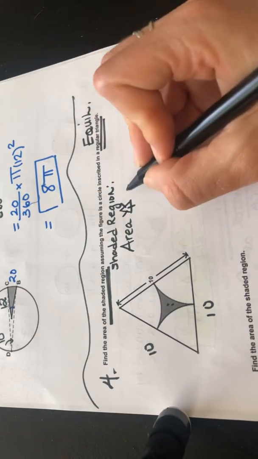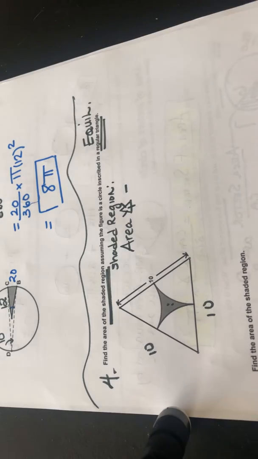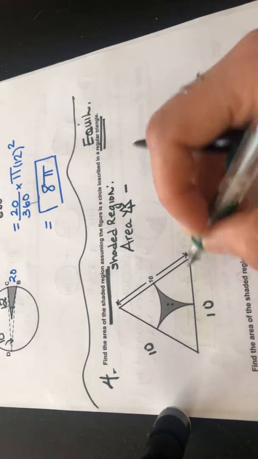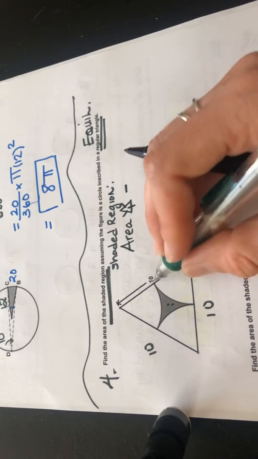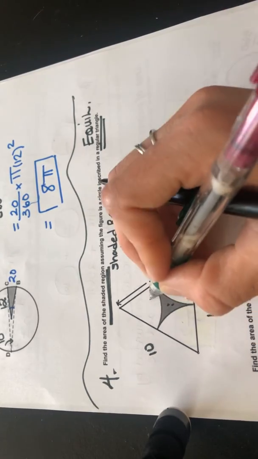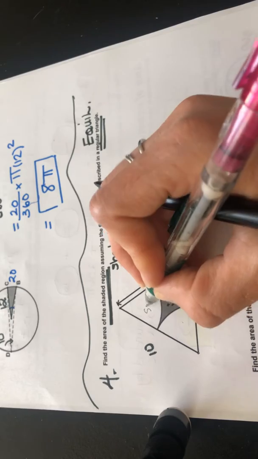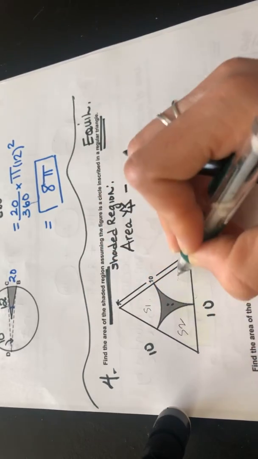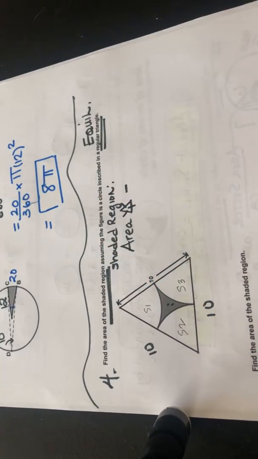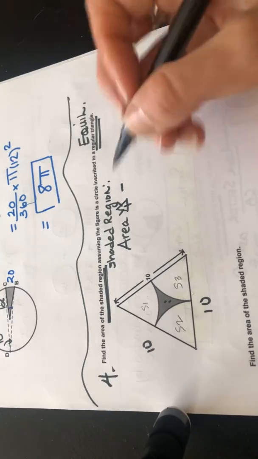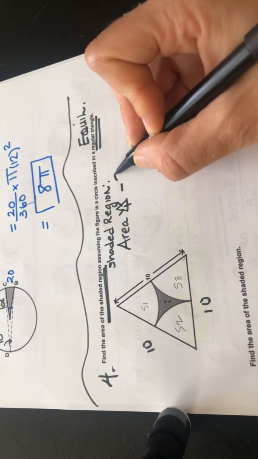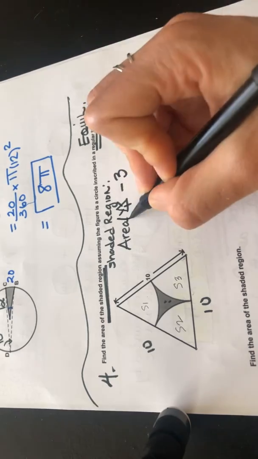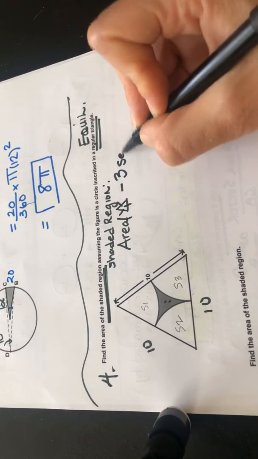The area of the triangle minus, well, you should realize that what we have here is sectors: radius, radius, and arc. This is what a sector looks like. So we have sector 1, sector 2, and sector 3. We have 3 sectors, and they're all the same amount. So let's say minus the area of 3 sectors.